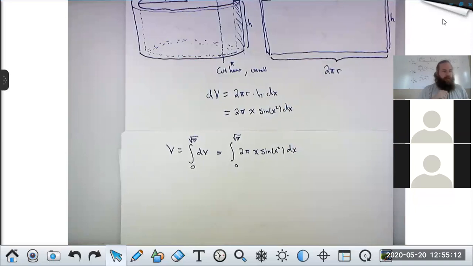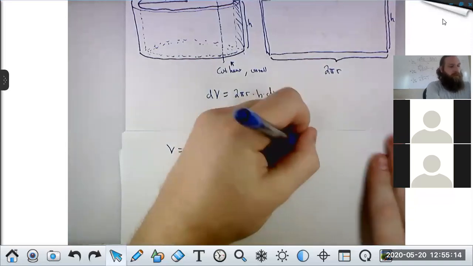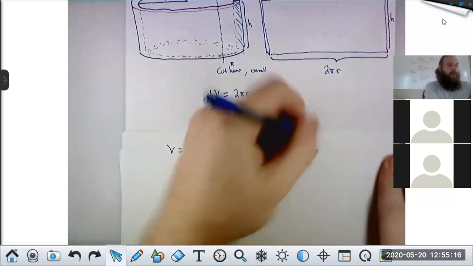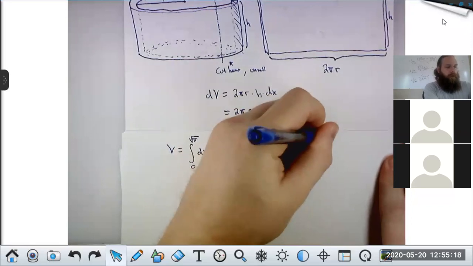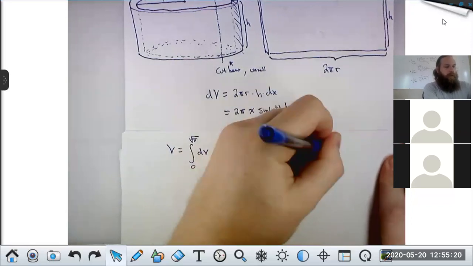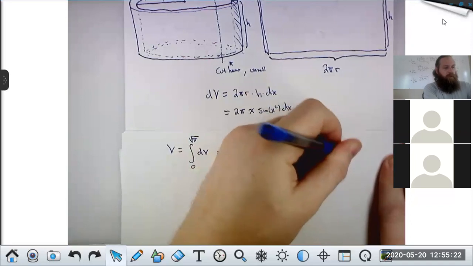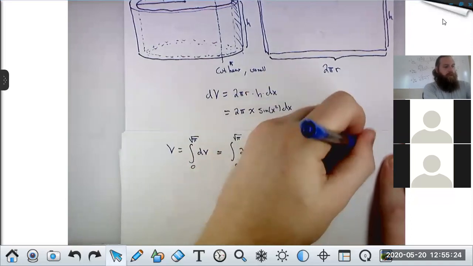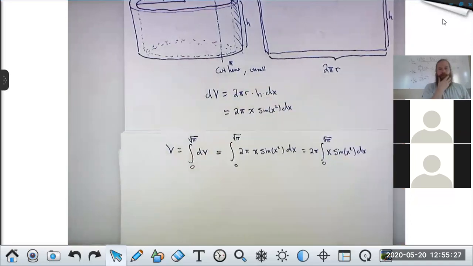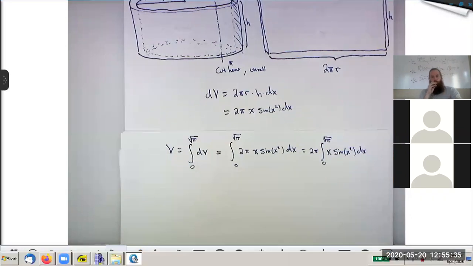Now the 2 pi is a constant, it'll pop out. I get the integral from 0 to root pi of x times sine of x squared dx. How do we do that integral? Using u substitution.